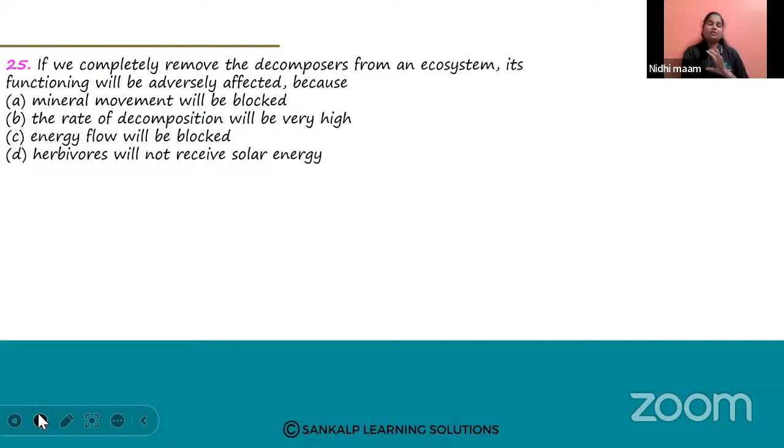Think that we removed the decomposers completely from an ecosystem. What will happen? Sanjana answered it. Okay, let us check the answer. The right answer is obviously option A, mineral movement will be blocked, nutrient cycling will be blocked. That is why decomposers are very necessary.